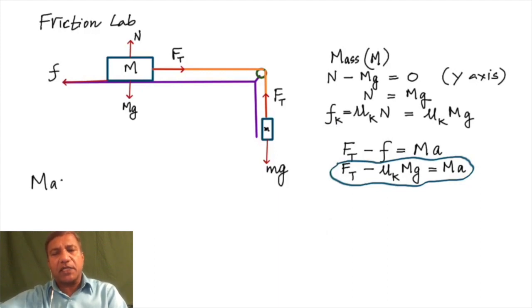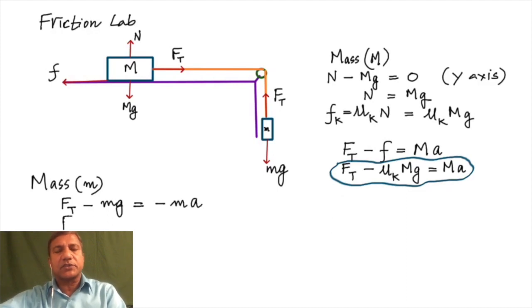So for the little mass, this is the equation that we're going to get, which is Ft being positive minus mg is equal to minus ma. Again, the negative comes because the acceleration is downwards.